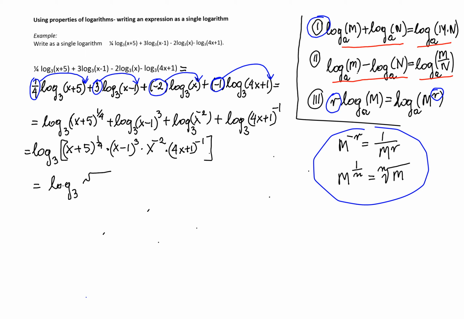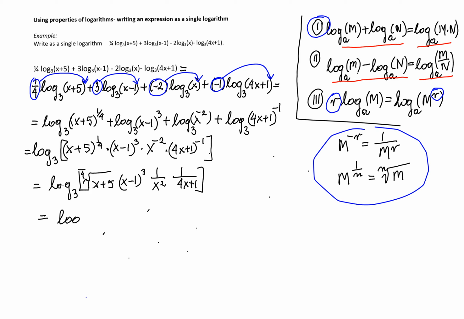The x plus 5 to the power 1/4 is simply the 4th radical of x plus 5. Then we'll have x minus 1 to the 3rd power. Then x to the negative 2 is 1 over x squared. And 4x plus 1 to the negative 1 is 1 over 4x plus 1.